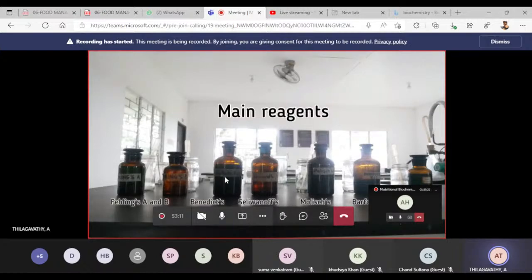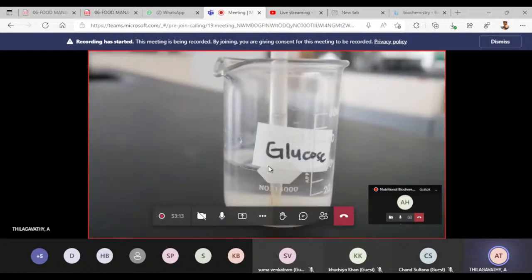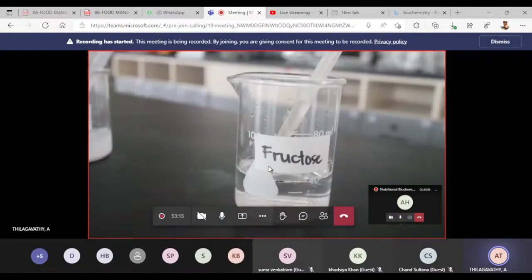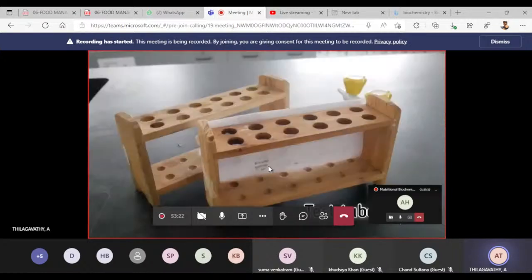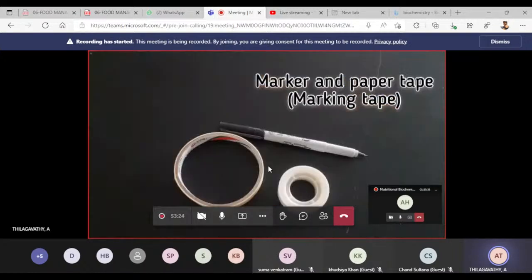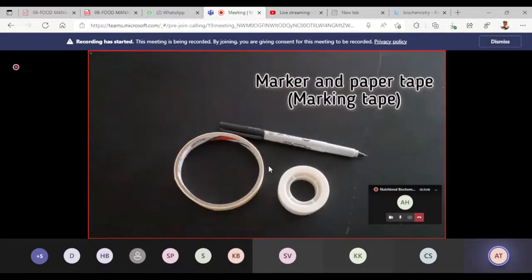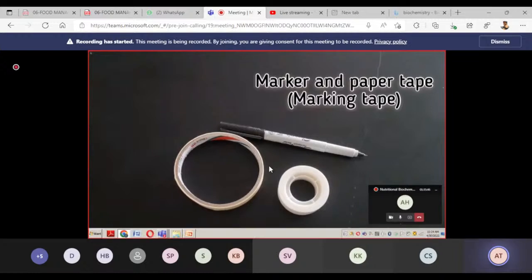Carbohydrate solutions are glucose, fructose, lactose, sucrose, and starch. We also need test tube racks, marker, and paper tape for labeling. And before anything else, review so that you can easily take note of the observations while watching the experiment.